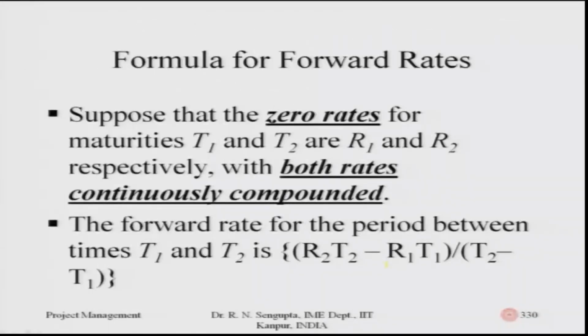Now, the forward interest rate would be found using the fact that it is equal to R 2 into T 2 minus R 1 into T 1, divided by, in the bracket, T 2 minus T 1. That can be derived very easily. I am not going to go into the derivations.